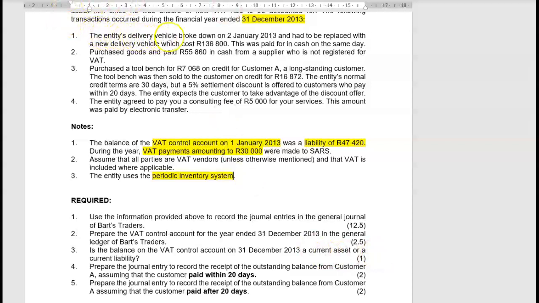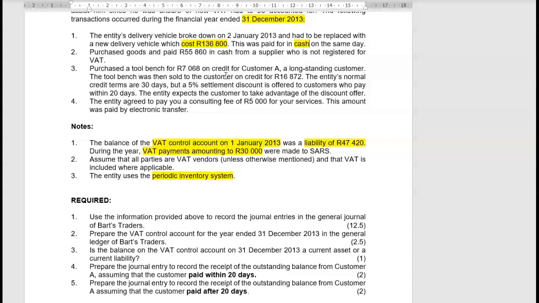The entity's delivery vehicle broke down on 2 January and had to be replaced with a new delivery vehicle with a cost of 136,800. This was paid for in cash. It's important because you have to credit the correct account, which will be bank, on the same day. Okay, you're not going to count out 136,800 Rand cash, guys, because then you have trouble with all kinds of legal entities.